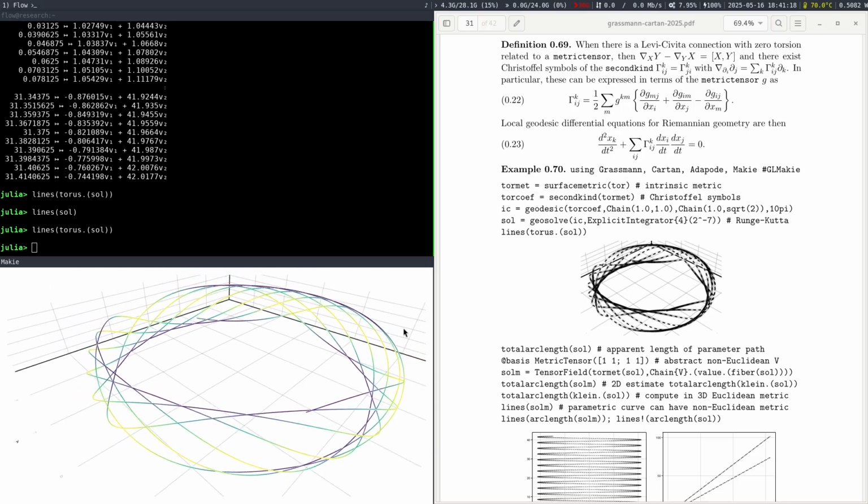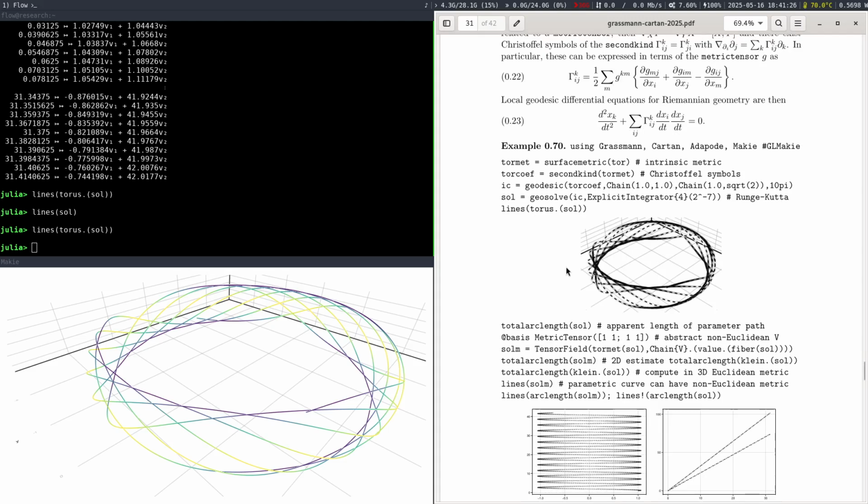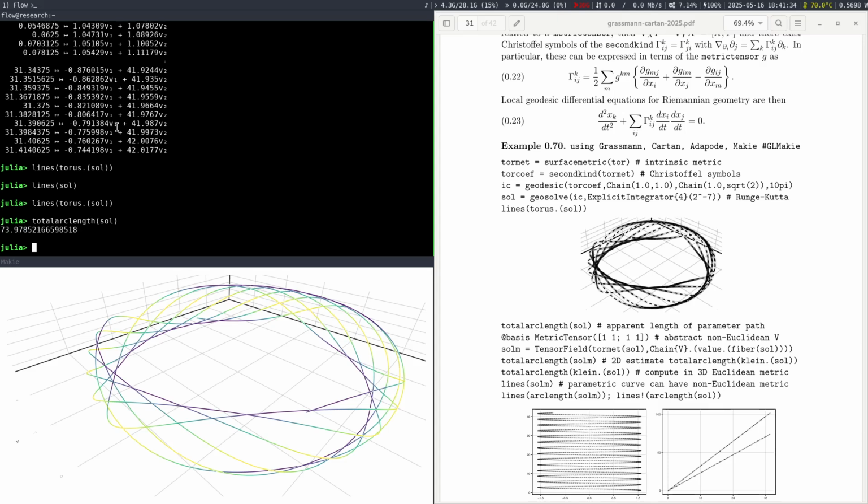So it solves it using the intrinsic metric, right? So it would appear that its length is 74, but that's not correct.